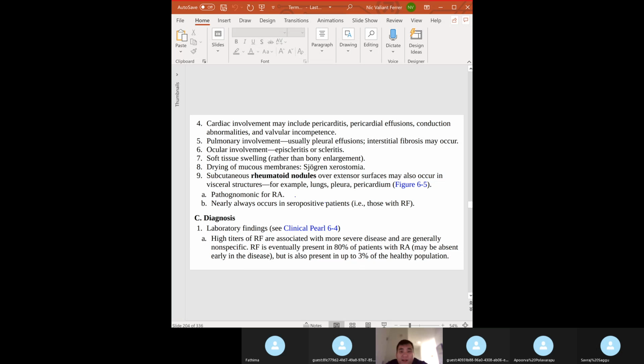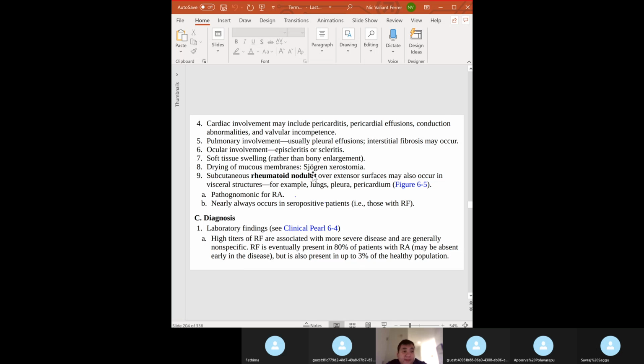Don't forget, in RA, the changes in the joints are more extensive than in osteoarthritis. Because why? The entire synovium is involved in RA. Note also that osteophytes, which is characteristic of your OA, are not present in RA. Don't forget that.